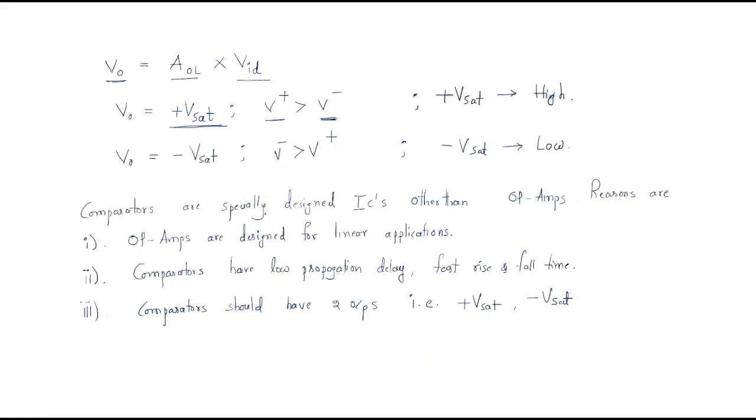Comparators are specially designed ICs. It is not a normal thing. What is the meaning of IC? Integrated circuit. What is an integrated circuit? A number of components, such as resistors and capacitors, fabricated in a single chip is known as an IC. Comparators have some important features other than op-amps, so why do they require special features?